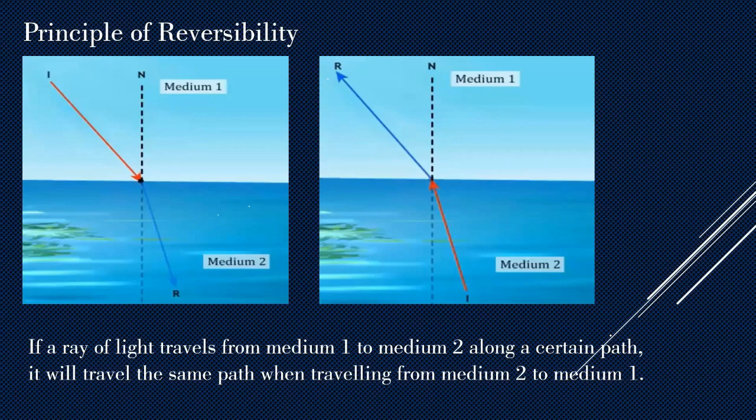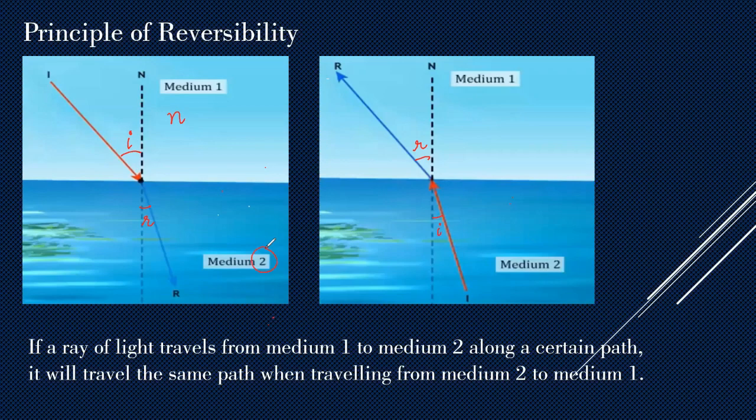So that means the measures of the angle of incidence and angle of refraction are going to be the same. Here, this will be my angle of incidence, and here, this will be my angle of refraction. Now if I compare refractive indices: where is the bending happening? The bending is happening in medium 2.